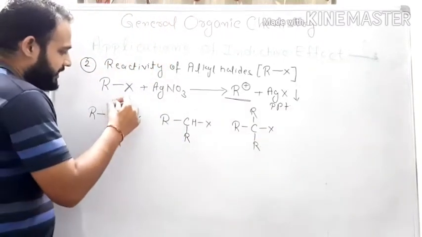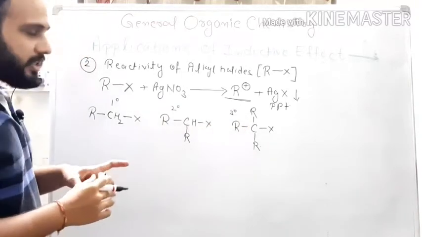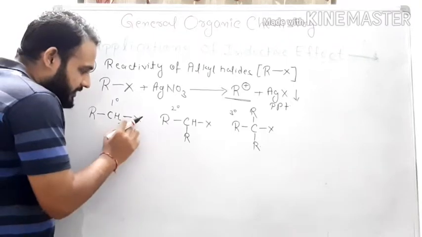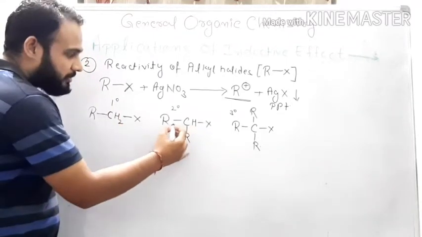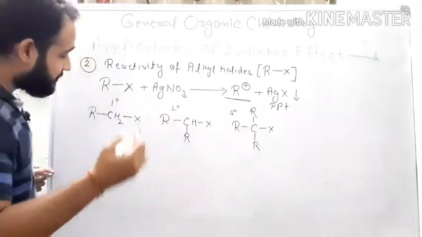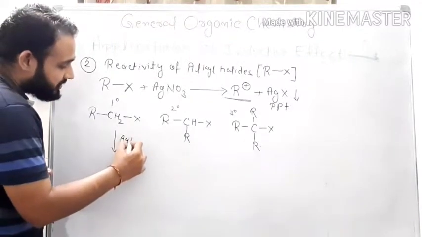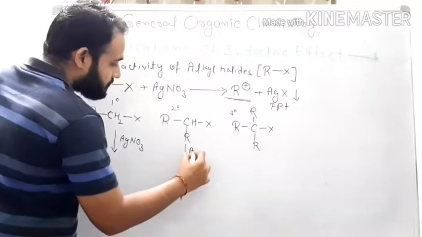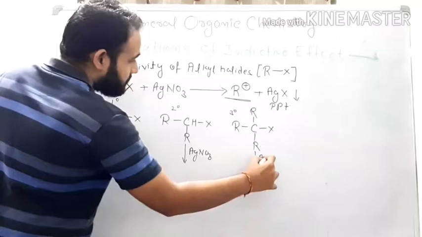This is primary, this is secondary, and this is tertiary. I hope you understand why we call it primary: the carbon which binds with the halogen binds with one alkyl group. Here this carbon binds with two alkyl groups, and here the carbon binds with three alkyl groups. Now when we react these compounds with AgNO3, what happens?